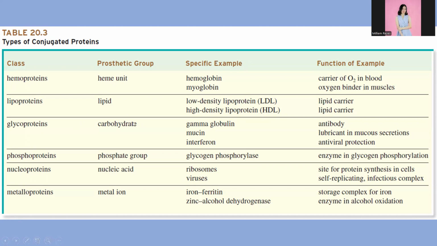The prosthetic group is a carbohydrate kasi glyco. So prosthetic group, carbohydrate. Examples are mucin, interferon, which is also in the immune system, gamma globulins as well. Phosphoproteins, phospho, so phosphate group, nucleoproteins, nucleo, nucleic acids, and metalloproteins, metal, metal ion. Okay, so please take note of this entire table.